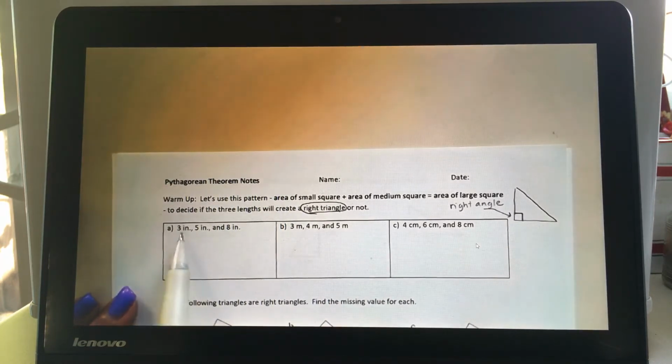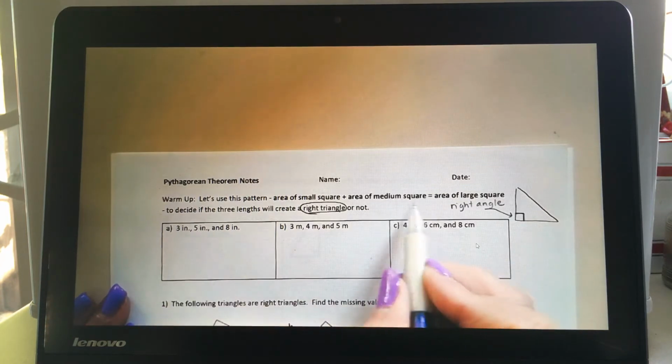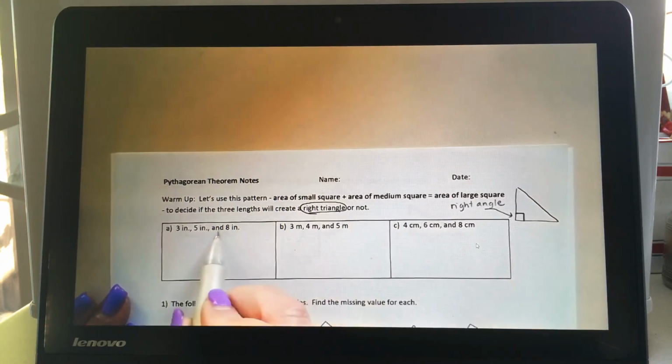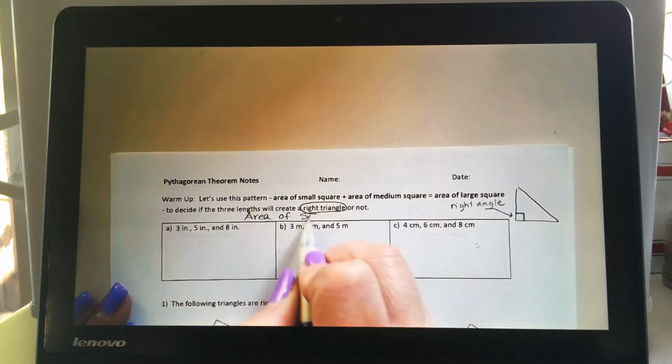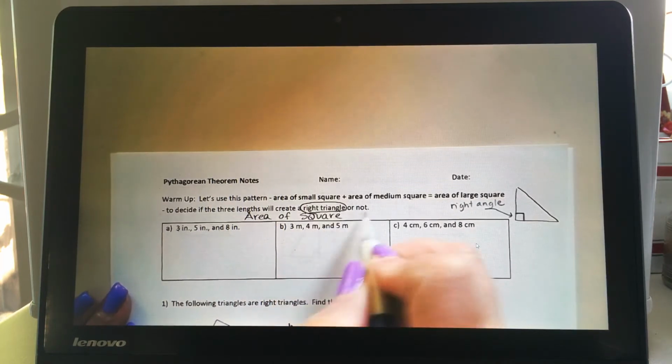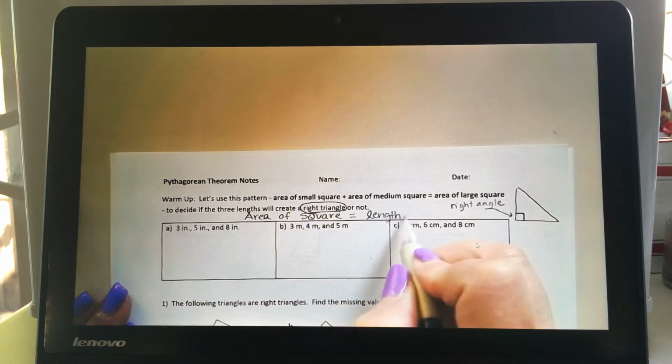So in this triangle, 3, 5, and 8. So we're going to decide if we take the smaller and the medium square, just like we looked at up here, and take a look at the area of each of those, does it give us the area of the larger square?